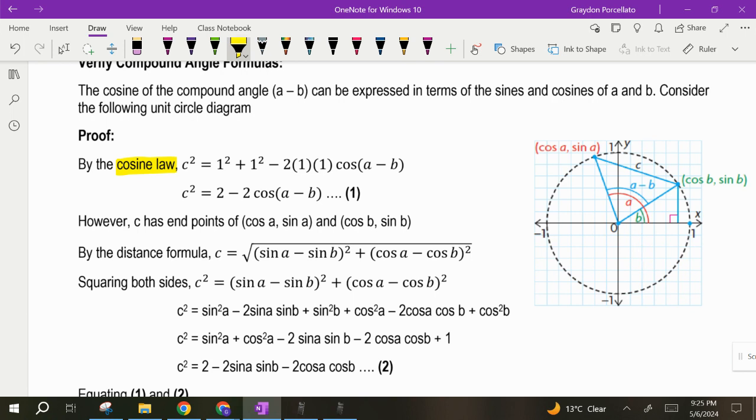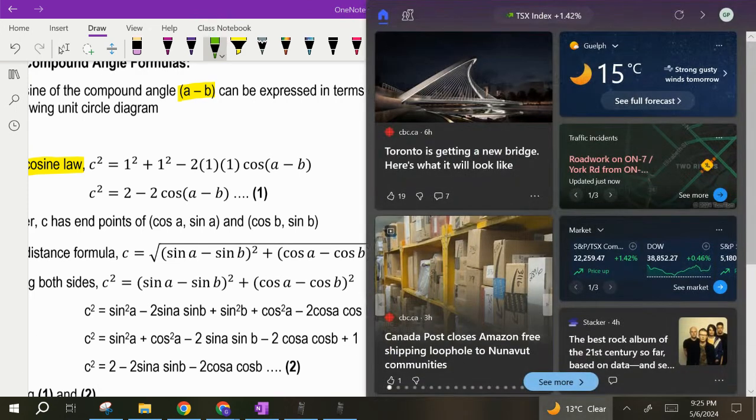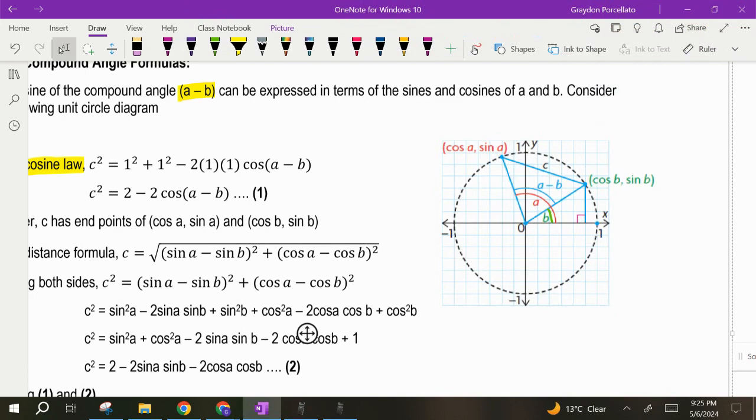So it says here, the cosine of a compound angle, A minus B, can be expressed in terms of the sines and cosines of A and B. It says, consider the following unit circle diagram. It gives you a little diagram looking at angle B, angle A, and then angle A minus B.